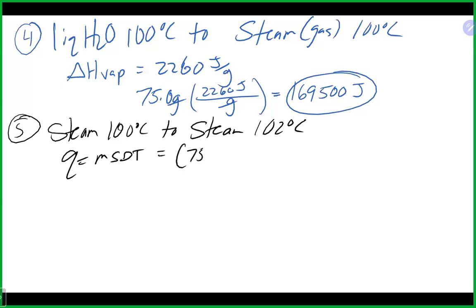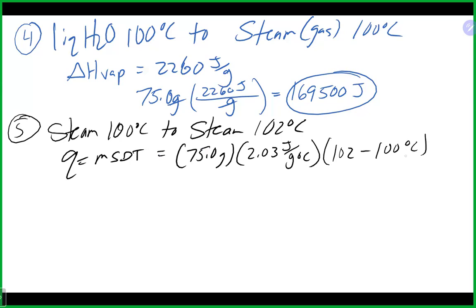Our m is still 75 grams. Once again, just like we did with ice, we want to make sure that we use the correct specific heat capacity for steam, which is about 2.03 joules per gram per degree Celsius. Once again, not the 4.184 number, as it's not liquid water at this point. And we want to do final temperature 102 minus our initial 100.